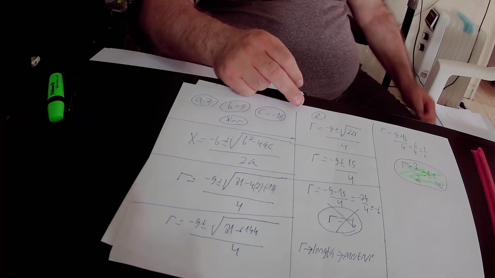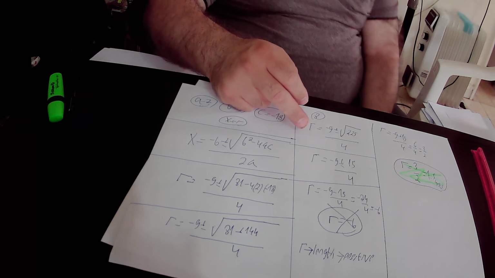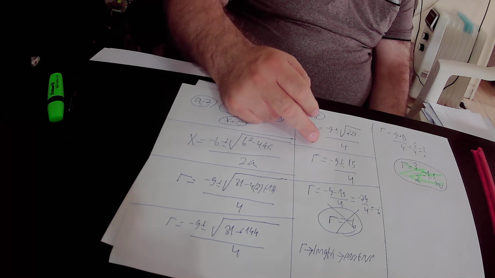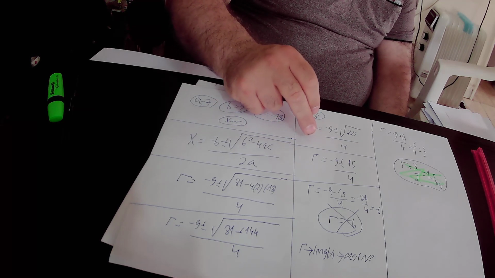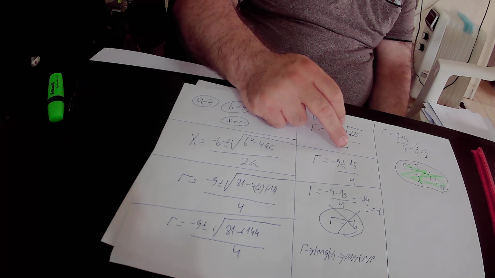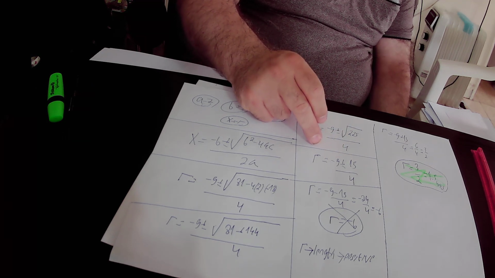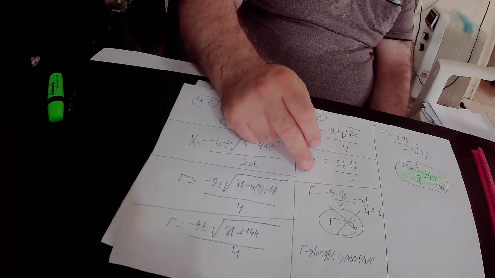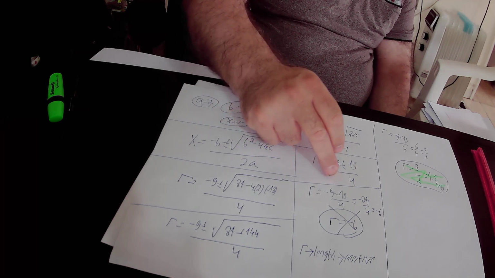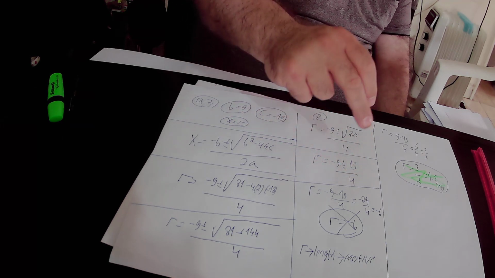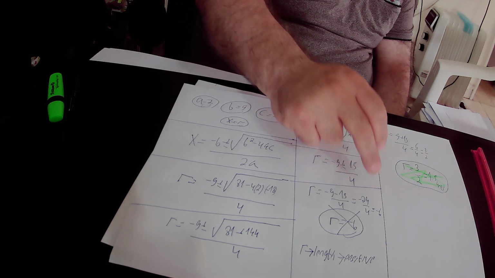So here we have two possible solutions for r. We have r equals minus 9 plus or minus 15 over 4. The first solution is r equals minus 9 minus 15 over 4. Minus 9 minus 15 is minus 24, and minus 24 over 4 is minus 6.